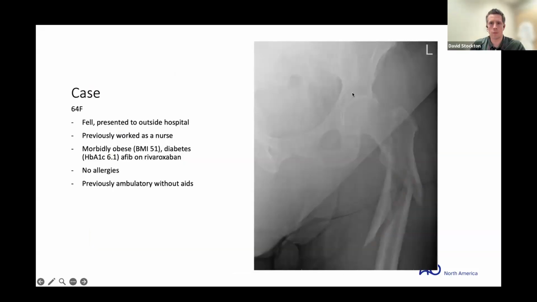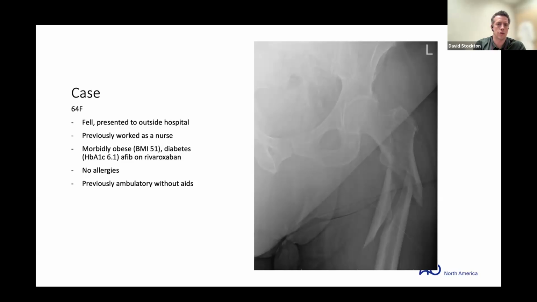Great. So we're doing pretty well for time. Let's discuss a final case that hopefully wraps everything up and brings a lot of these principles together. This is a 64-year-old female. I met her quite a ways along her journey, but she presented initially with a fall to an outside hospital.